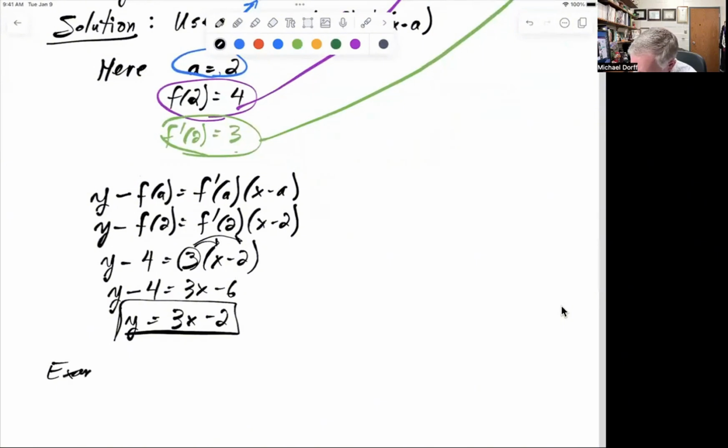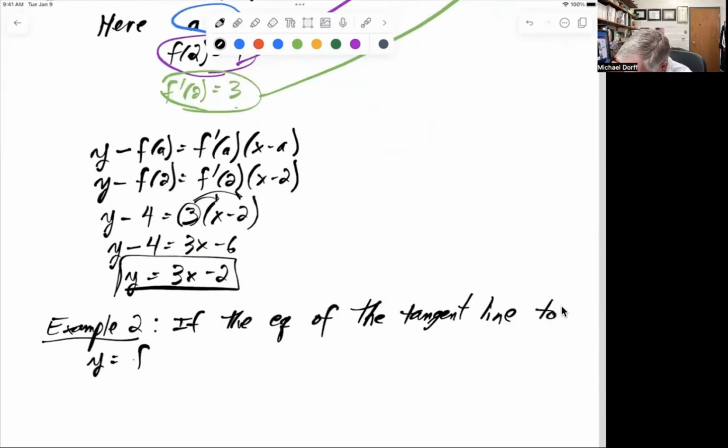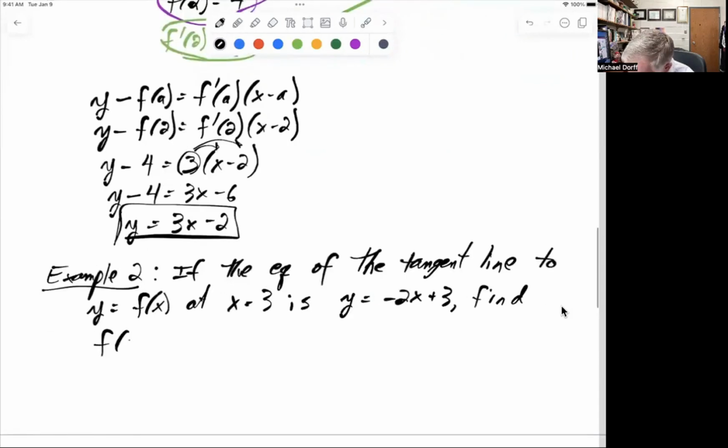Now we can go the other direction, such as in this example. If the equation of the tangent line to y equals f of x at x equals 3 is given by y equals negative 2x plus 3, find f of 3 and f prime of 3.